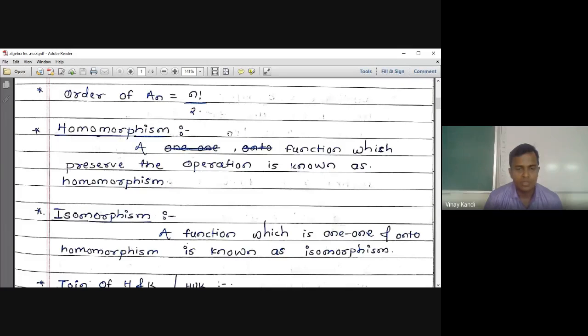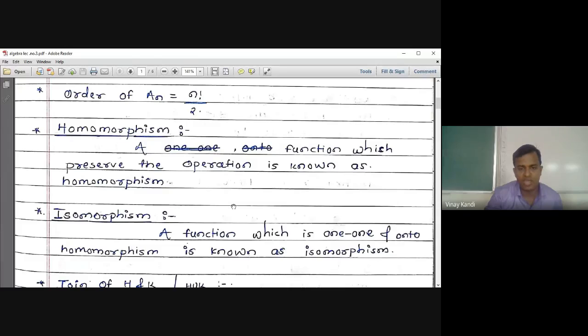Suppose G is a group and phi is a function from G to G, taking domain and codomain as G. If the operation star is defined on G, so that (G, star) is a group, then homomorphism means phi preserves the operation.